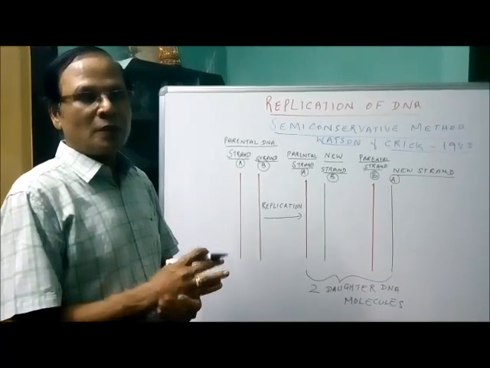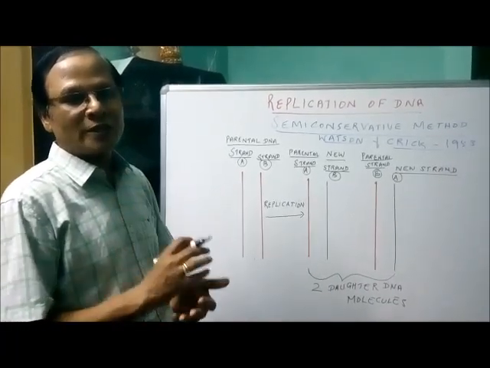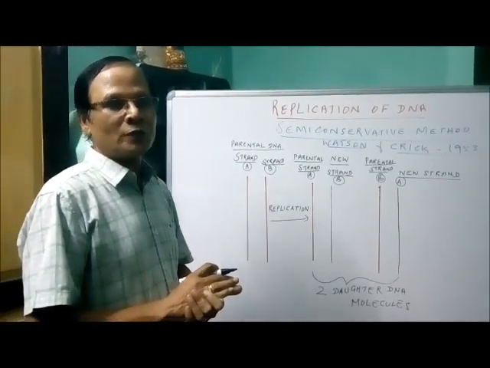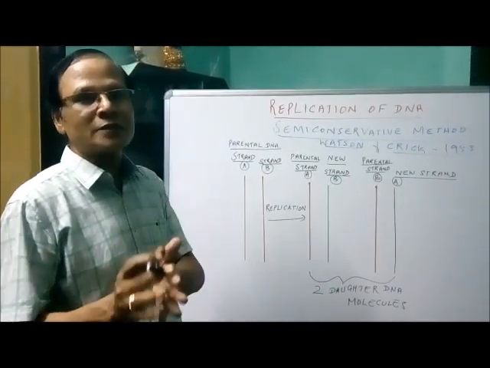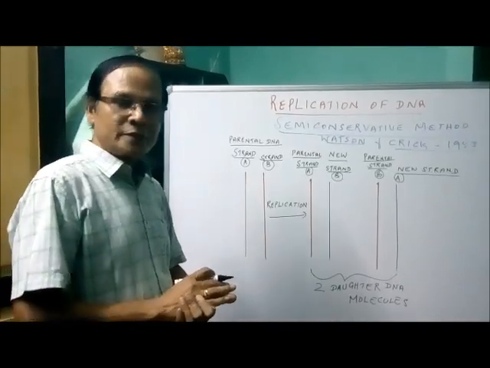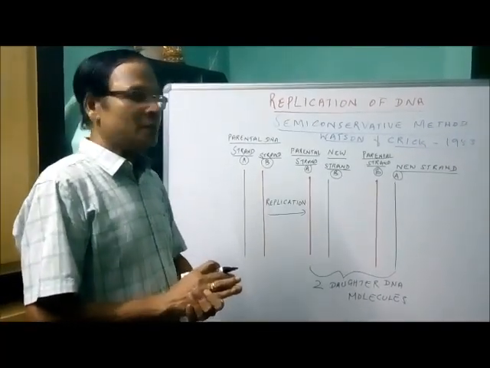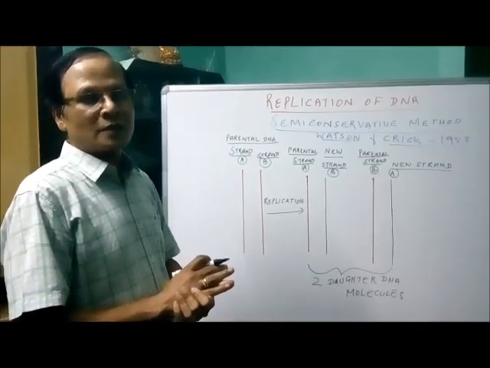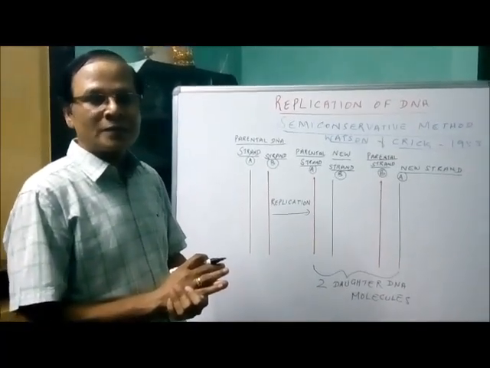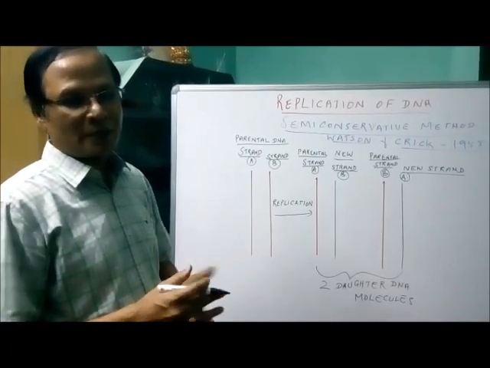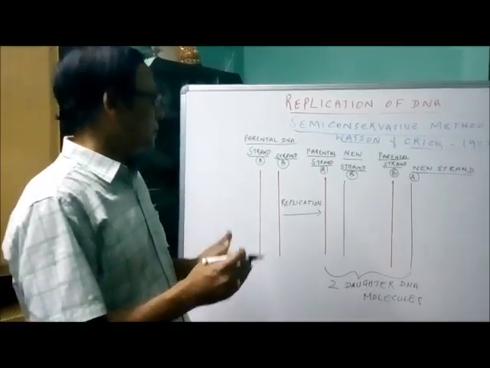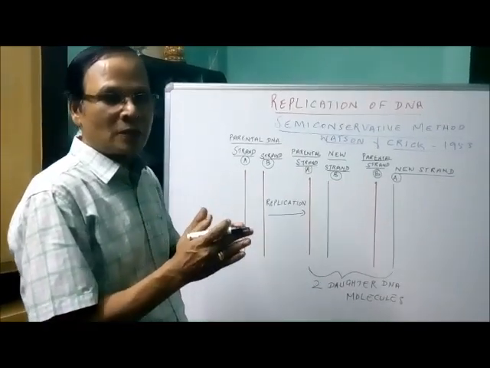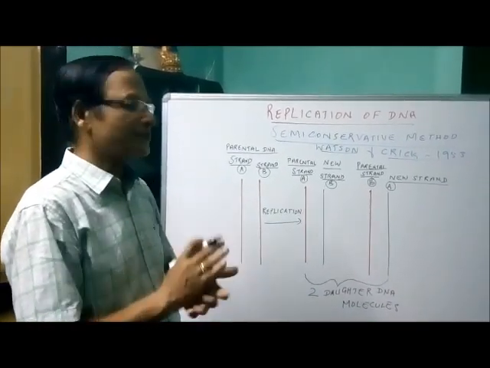So the nucleotides of one strand act as a template for the formation of the nucleotides of the other strand. After cell division, the genetic information in the daughter cells is exactly similar to that of the parental cell, or the nature of the DNA molecule in the parental cell and the daughter cells would be similar.